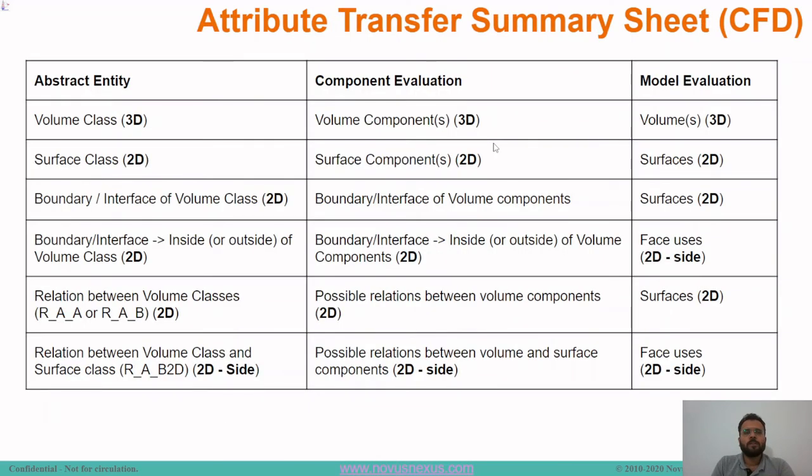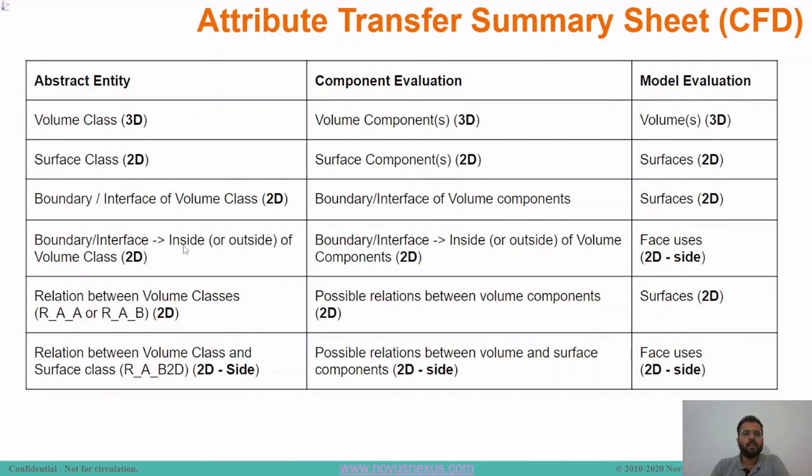So here is a quick chart of how attributes are transferred from abstract entity to geometric entities. Attributes attached on volume class will transfer to the respective regions or volumes. The attribute attached on 2D class will transfer to respective surfaces. Similarly, boundary or interface of volume class, that is again 2D, will transfer to respective surfaces.